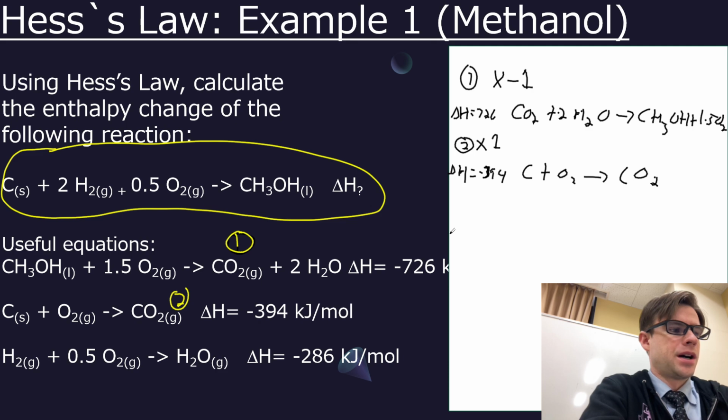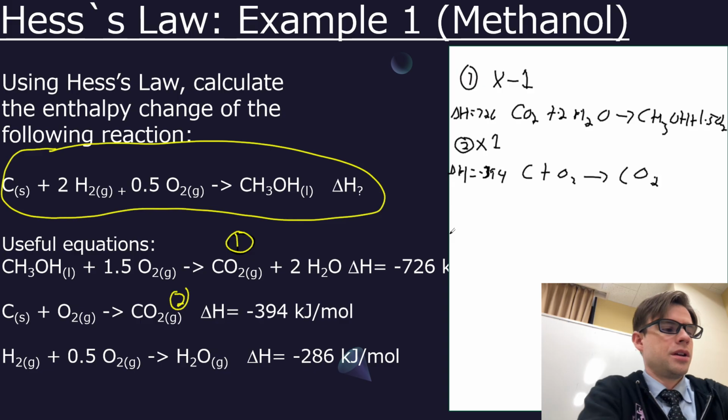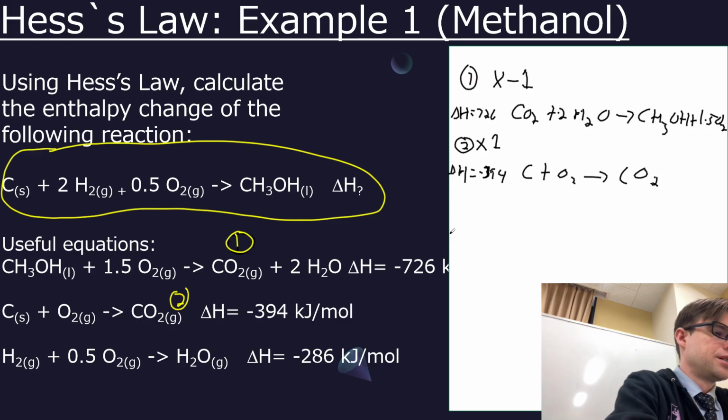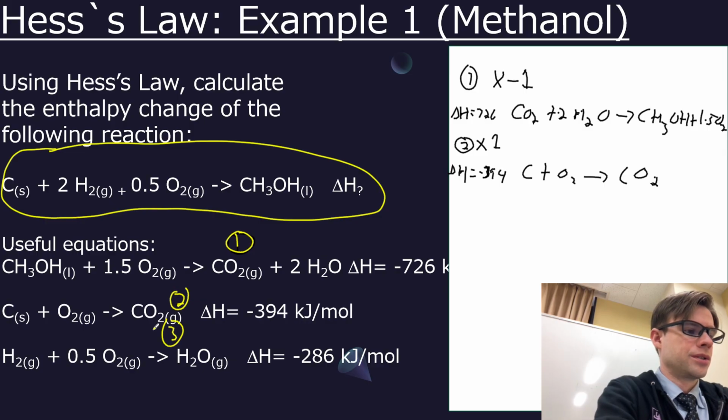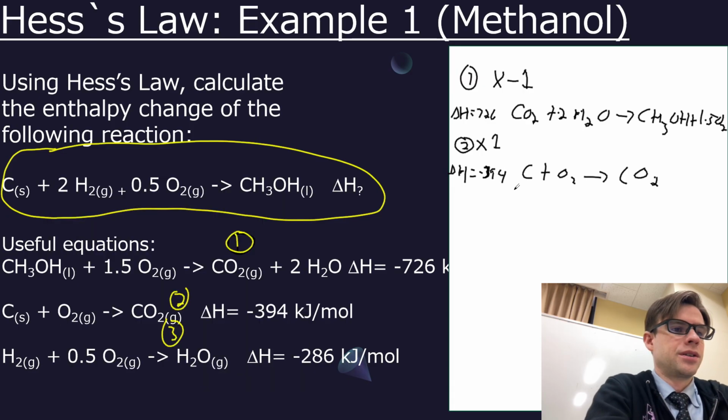Then we need some hydrogens. We need 2 hydrogens in the final equation. Our equation number 3 here has hydrogen, but only 1. So if we're gonna make that final equation, we need to double that whole equation. No reason that we can't do that though when we add these together. So we'll take equation 3, just multiply by 2. No need to reverse it.